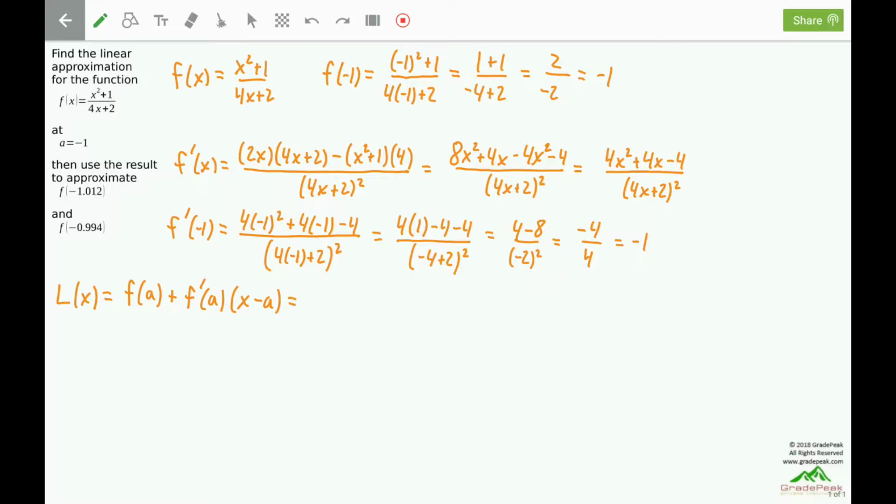For this problem, a is a negative 1, so this becomes f of negative 1 plus f prime of negative 1 times (x minus a negative 1), which comes out to x plus 1.